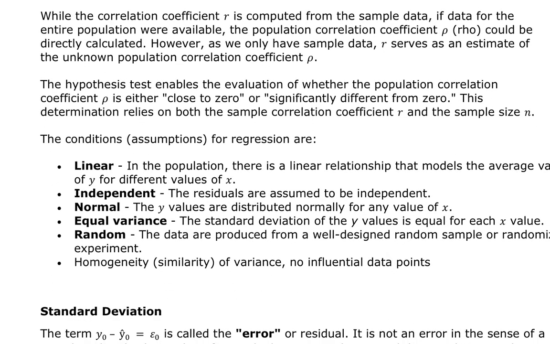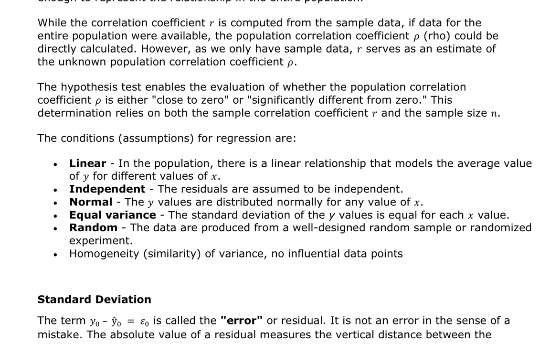Here are some assumptions that have to hold for me to be able to do this kind of hypothesis test. First of all, we expect it to be linear. In the population, there's a linear relationship that models the average value of y for different values of x. We are looking at independence, so the x is not dependent on the y, and the y is not dependent on x.